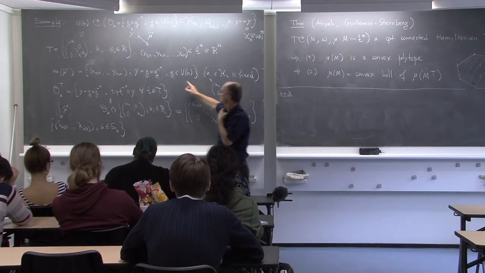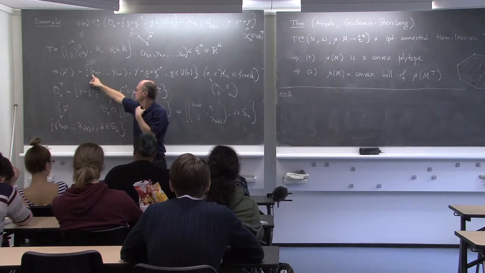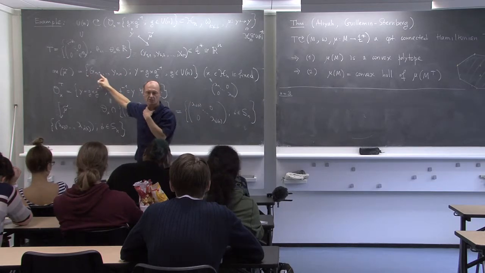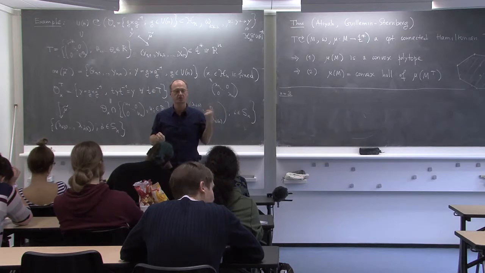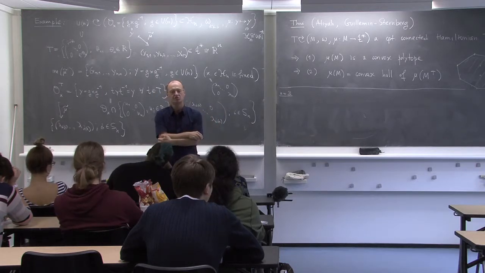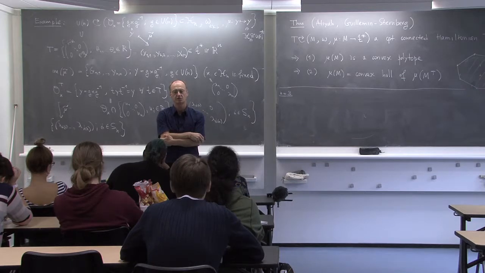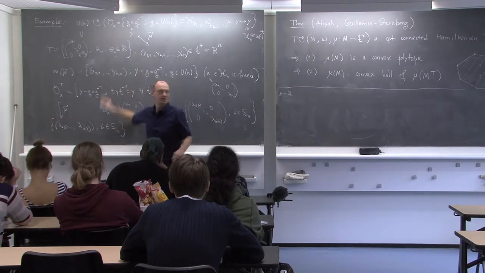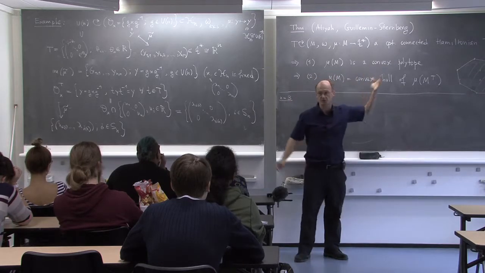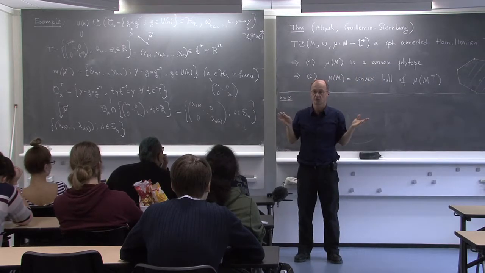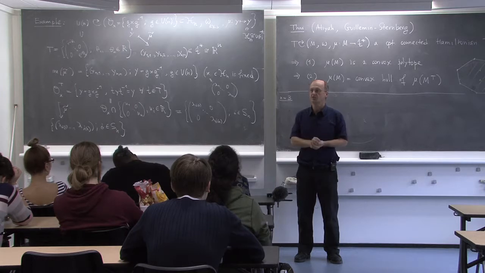We consider the image under this map of this coadjoint orbit, the set of matrices with fixed eigenvalues. And I'm claiming that it can never be of dimension n, this image. At best, it will be of dimension n minus 1.